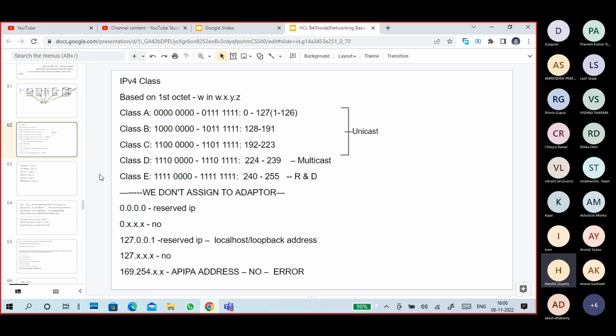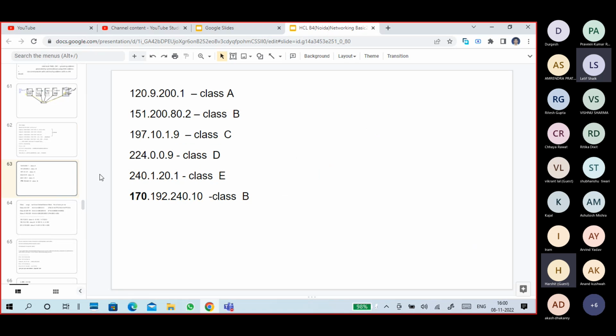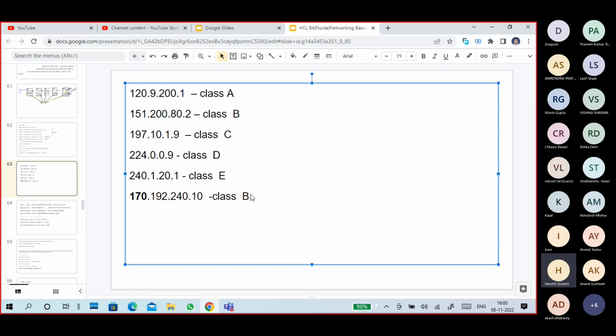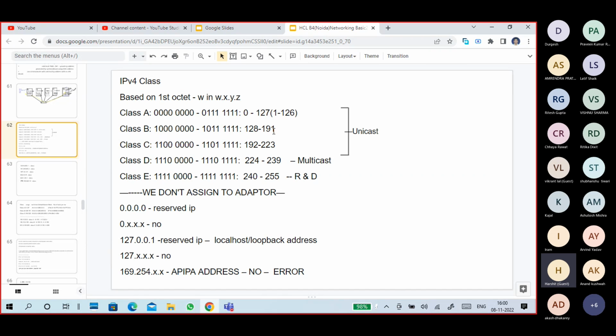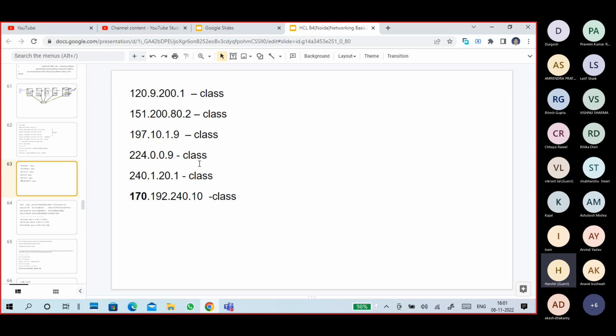Guys, understand up to here all the IP address ranges, what an IP address is, what an IPv4 address is, and their ranges.